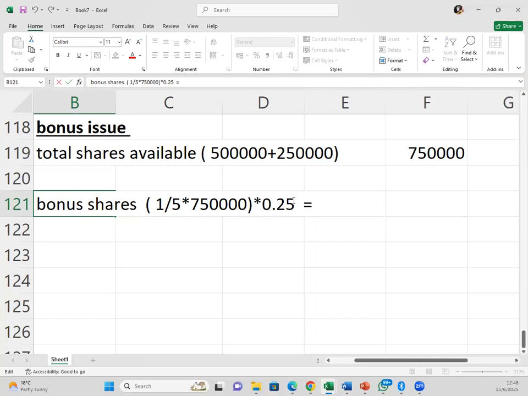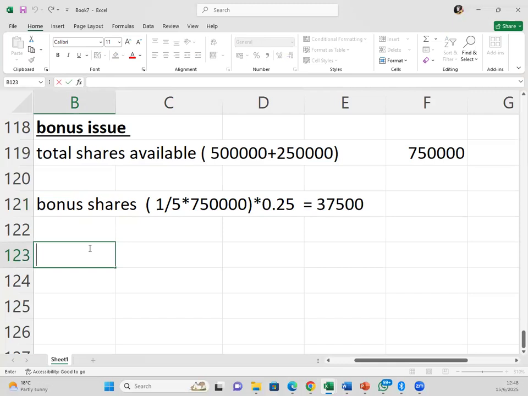Multiplying that gives us 37.5. So 37.5 is the value for the bonus issue.